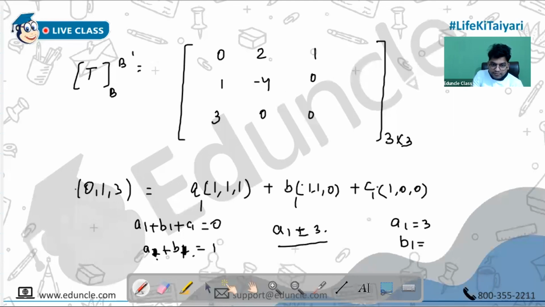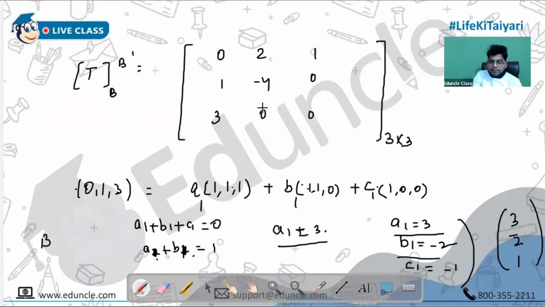A1 plus B1 plus C1 is 0. A1 plus B1 is equal to 1 है. A1 की वैल्यू 3 आ गई और B1 की वैल्यू क्या आ गई? C1 क्या आ गई? ये आ गई ना 3 -2 1. ऐसे लिखोगे ना. So this is wrong.